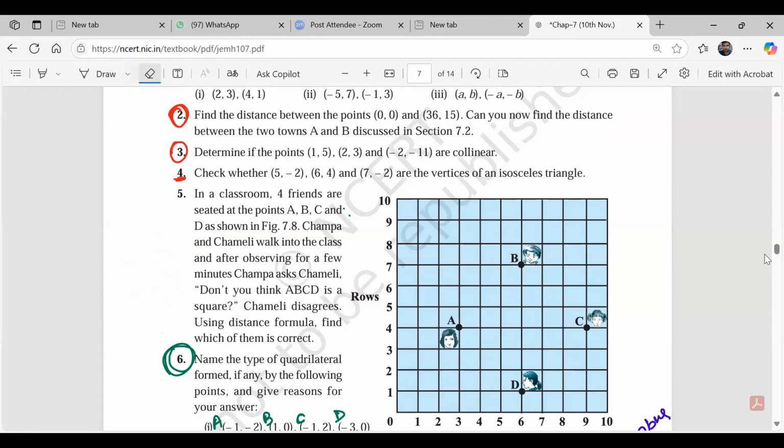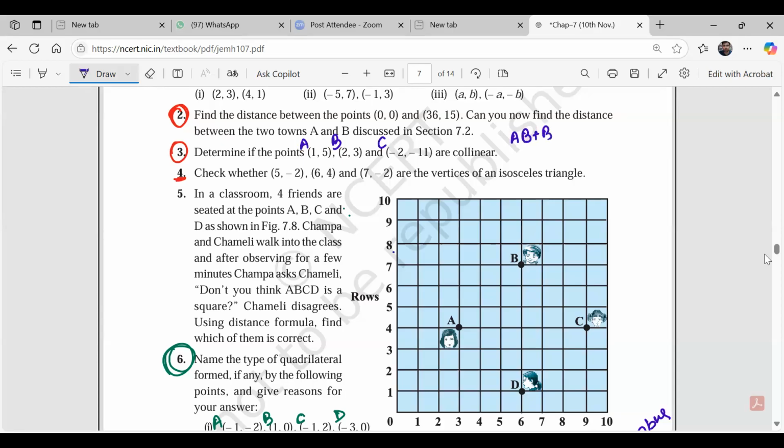So we can take the first one as A, next one as B, next one as C. Now collinear means AB plus BC must be equal to AC, like all A, B, C sitting on the same line.